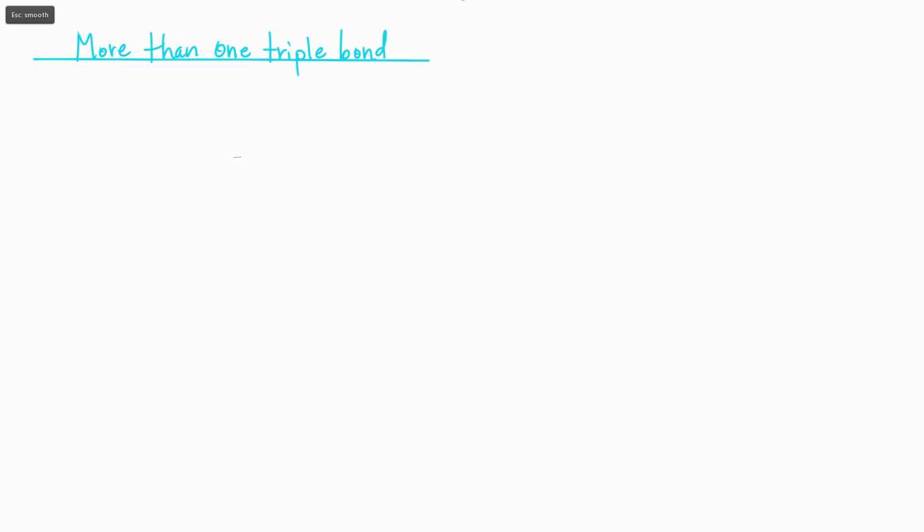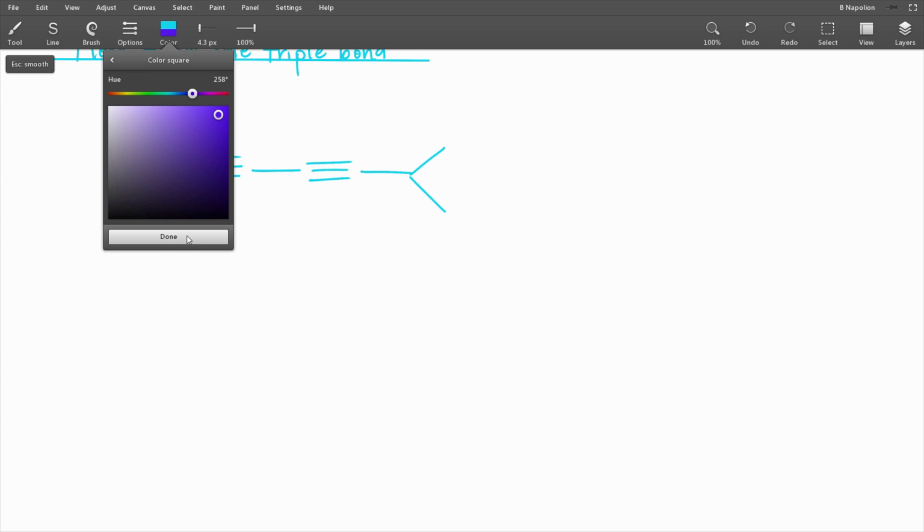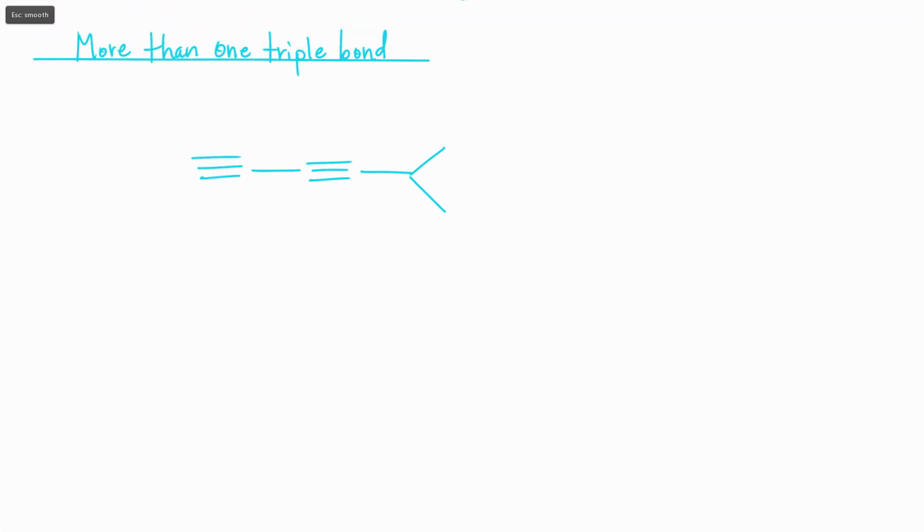So if I draw a structure like this, okay, we want to go through both carbon triple bonds. That gives us the longest chain. So 1, 2, 3, 4, 5, and I'll just use that one as 6.